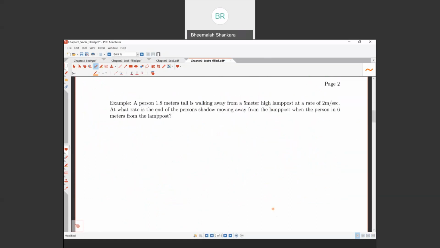In the next example, a person 1.8 meters tall is walking away from a 5-meter high lamppost at a rate of 2 meters per second. At what rate is the end of the person's shadow moving away from the lamppost when the person is 6 meters from the lamppost? So let's draw here.